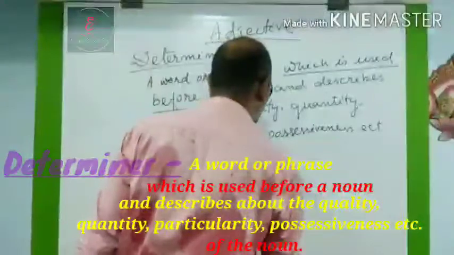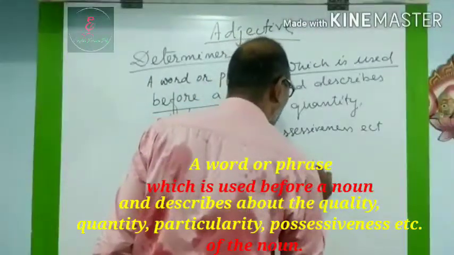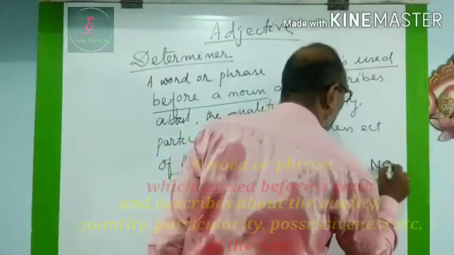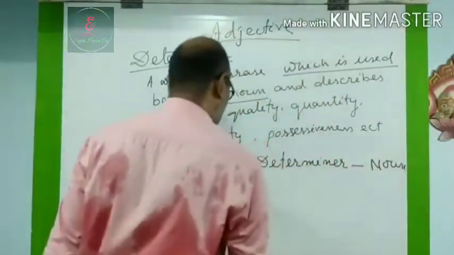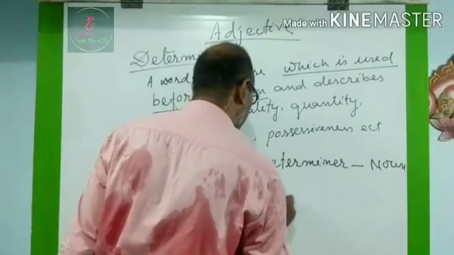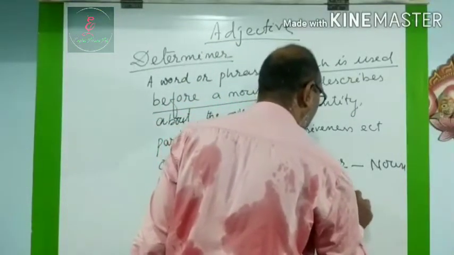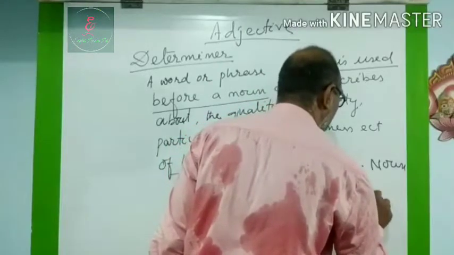So determiner is for noun, but adjective is for noun and pronoun.